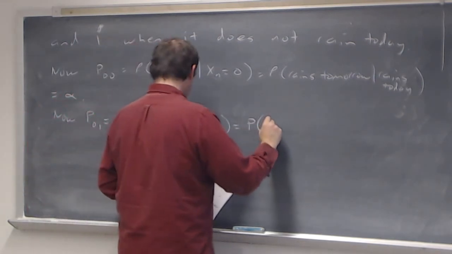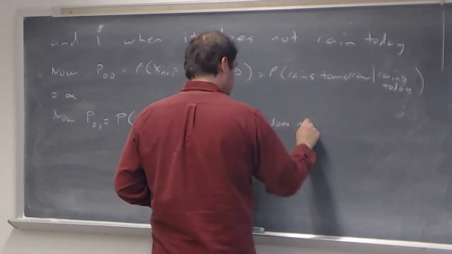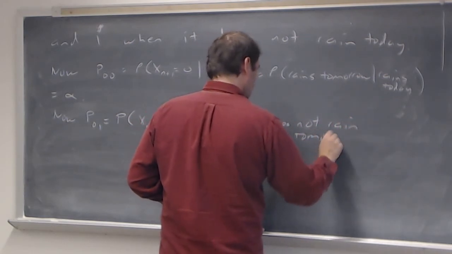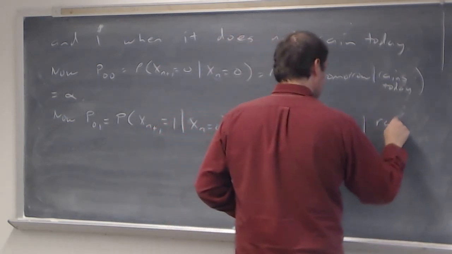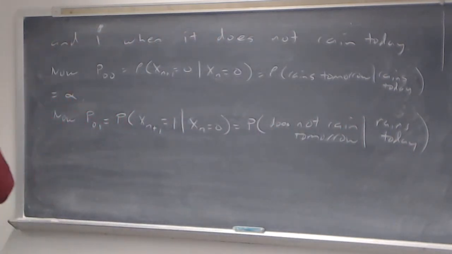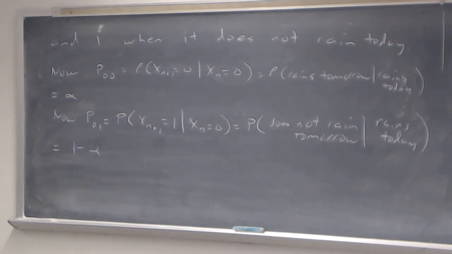Writing that down in words, it's the probability that it does not rain tomorrow, given it rains today, and what that's going to be equal to is 1 minus alpha. Okay. And that's from that part B factor we had.